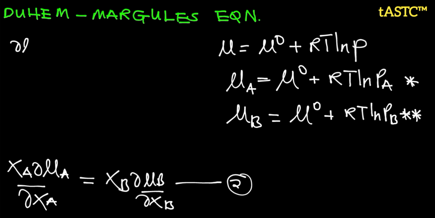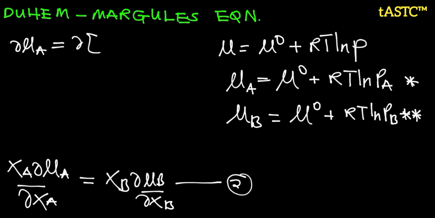So this should give us d mu sub A, and on this side I'm going to have the derivative of this form. Now we already said that this form is a constant, so if you were to differentiate a constant, that should give you a 0, right? So that becomes a 0 and reduces to none. Here now we're going to have the derivative of RT ln PA.